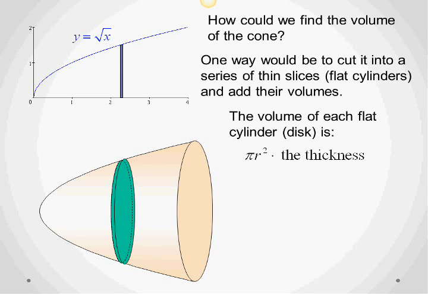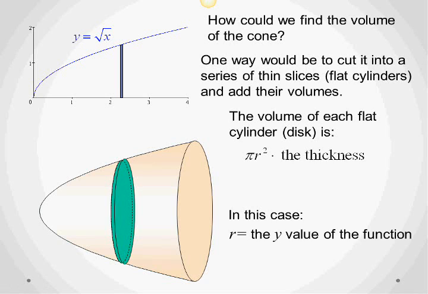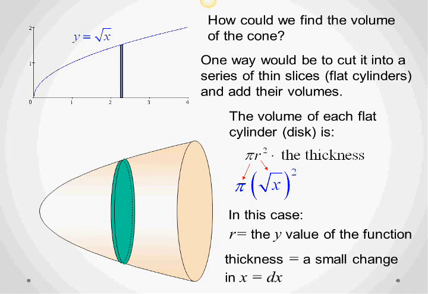Pi r squared would be the face of that circle, and then to multiply it by that little dimension would be a change in x, or dx. So in this case, our radius is actually the y value of the function. So we have pi times the square root of x, squared, and then the thickness is a small change in x, which is going to be denoted by dx.